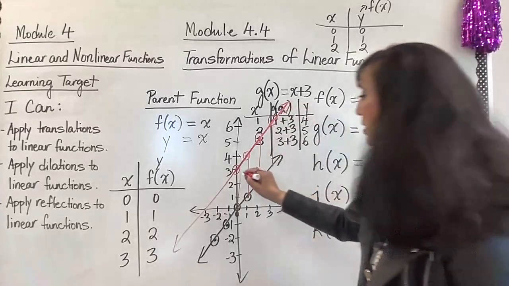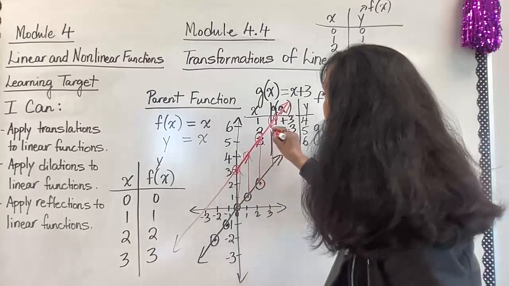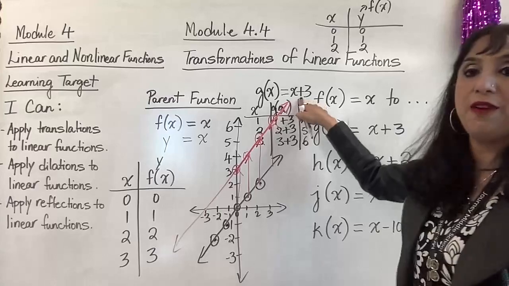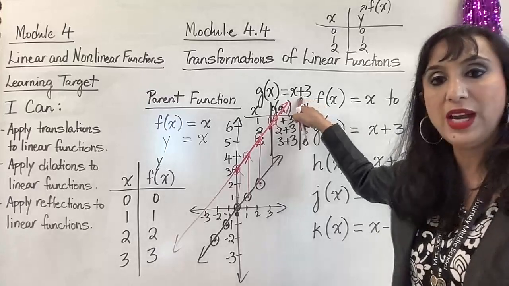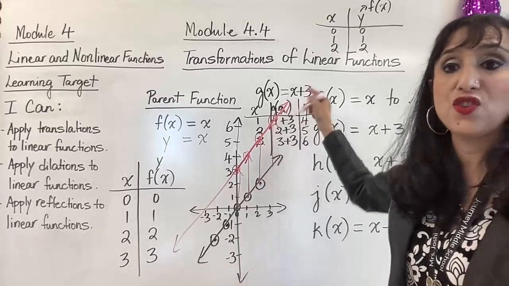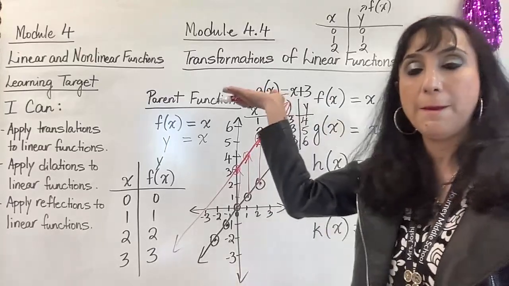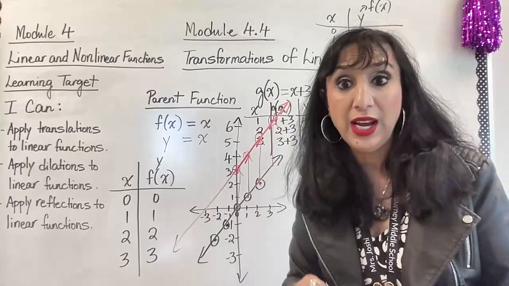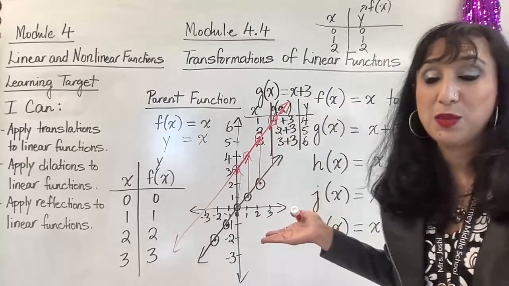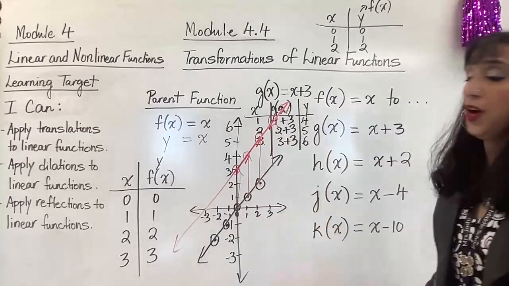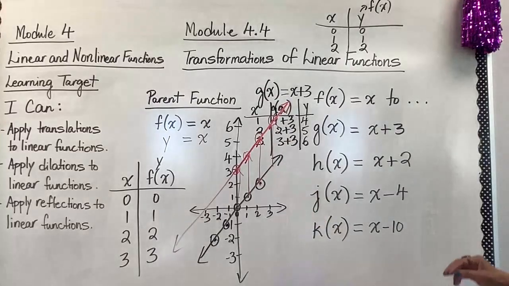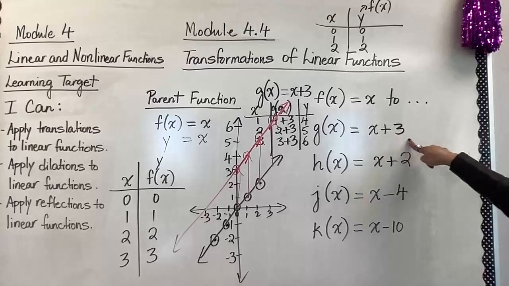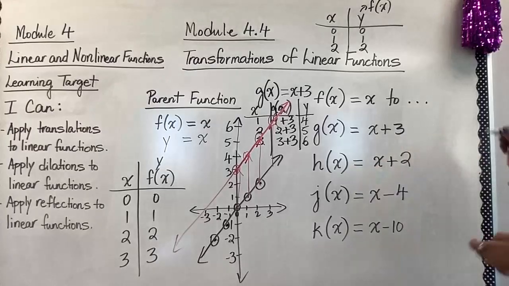That all of these have gone up by 3, and that's what this function is telling me. It's plus 3. So this graph has translated vertically up because of the plus 3, and that's what this means. It's pretty easy. So if I'm saying x plus 3, what is this? This is a vertical translation up 3.